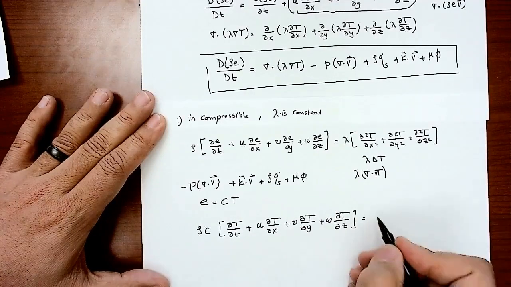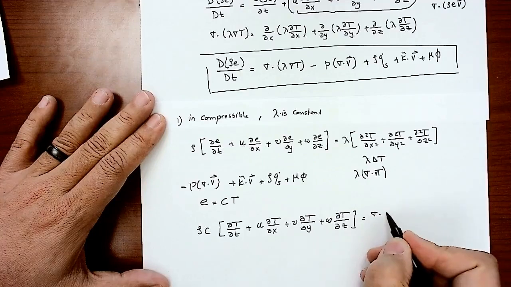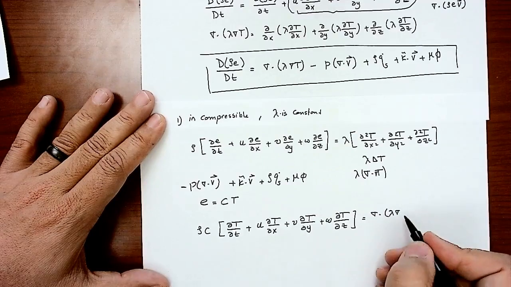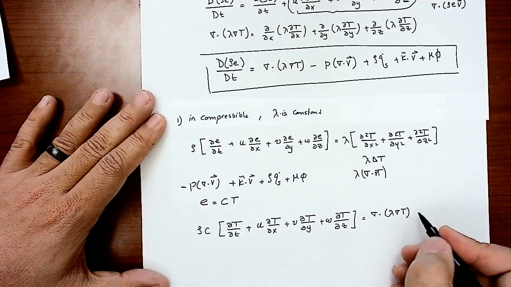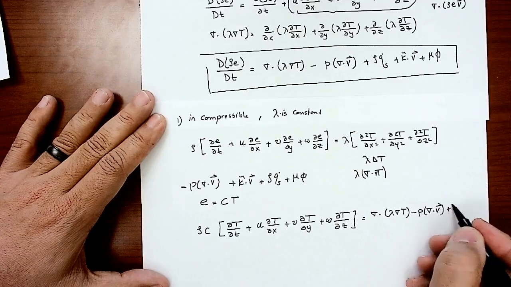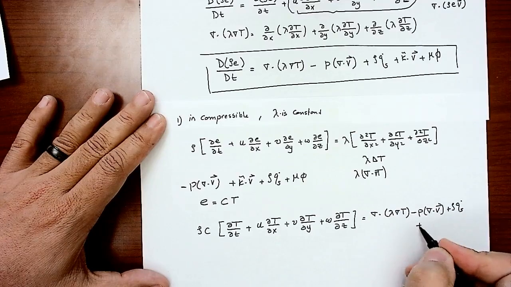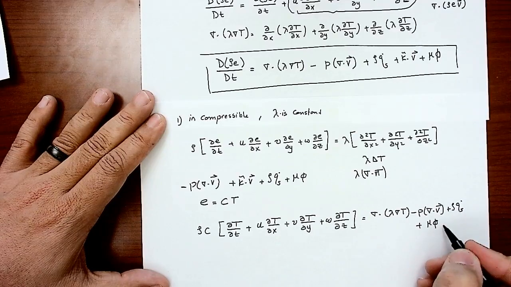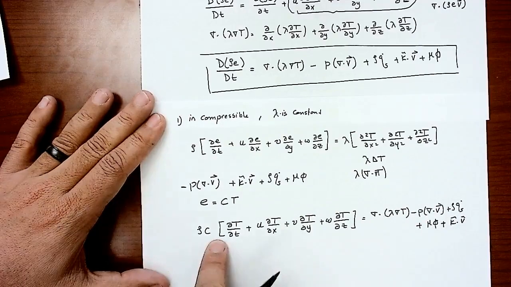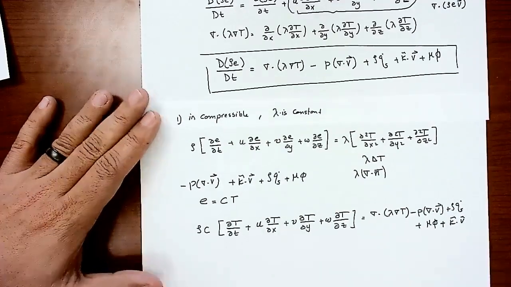It's equal to lambda nabla dot nabla T minus p nabla dot v plus rho q dot s plus mu phi plus what is missing is k dot v. So you can take that out here because of the constant properties.